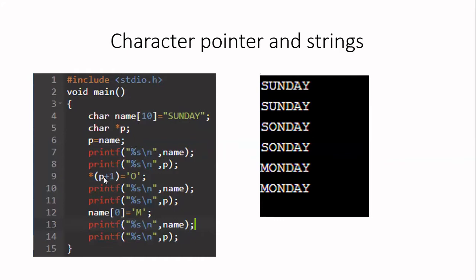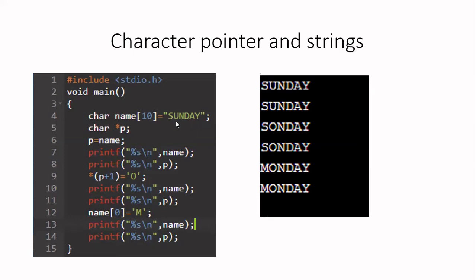So I have to write p. p will give me the starting address of the string, that is nothing but the address of s, but I want to change u. So I have to get the address of u. u is at index 1. If I write p or p plus 0, I will get the address of s, but I want the address of u. So I have to write p plus 1.